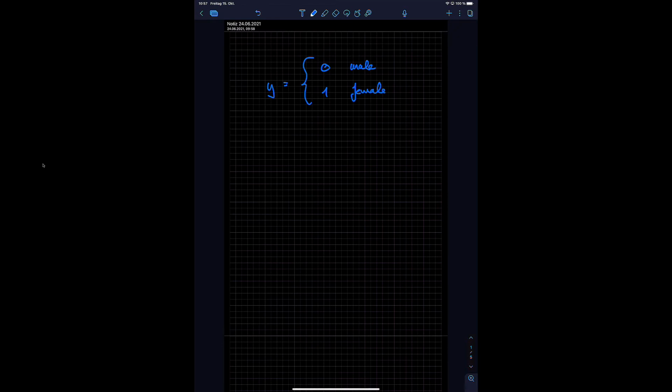If we one-hot encode this, this means we have, for instance, for a male person, a vector that looks like this. So this is for the first observation our one-hot encoded vector, and if it's a female person, then it will look like this. Now assume that we have already a model that predicts the probabilities.